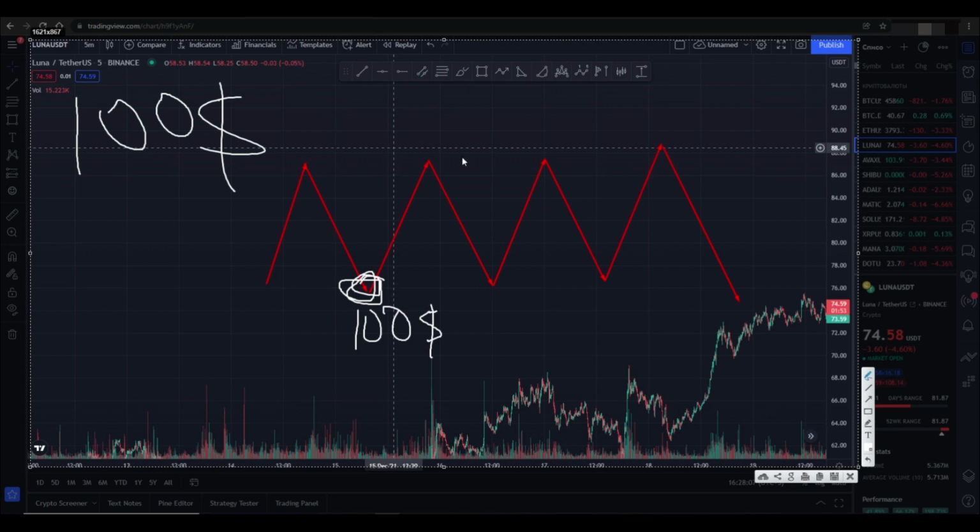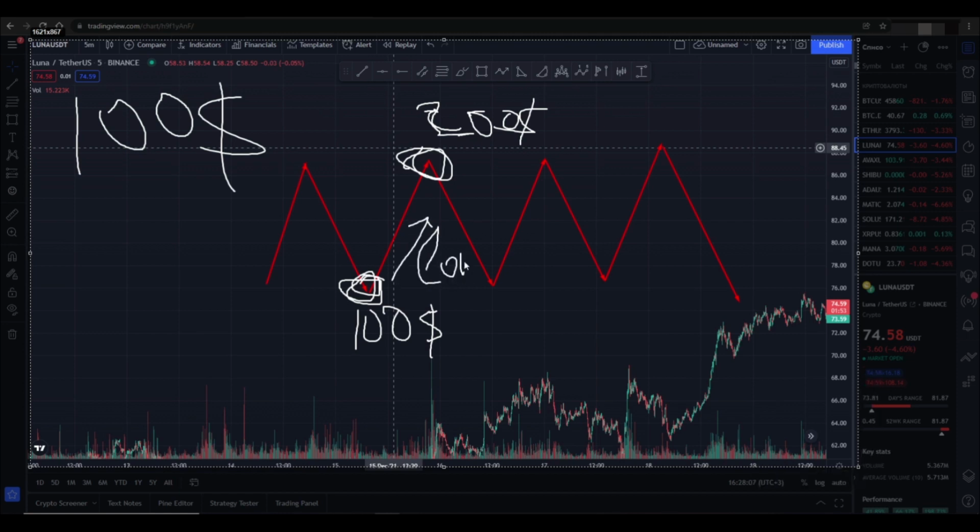You bought it here, and you sold it here, where the price is $200. Sorry for my drawing. So this is $200, and this action is called long. You're longing the position, we call it long.